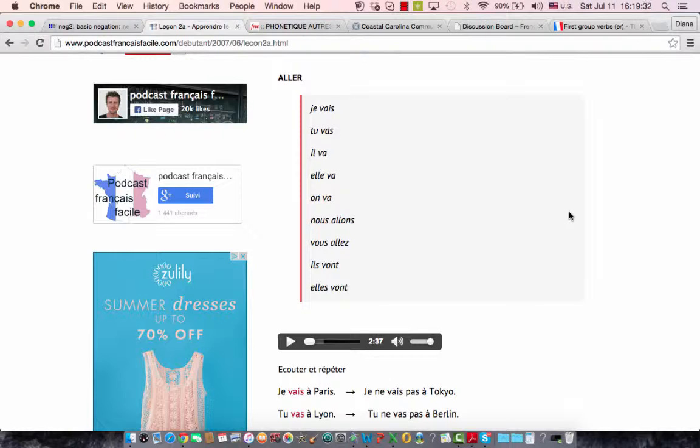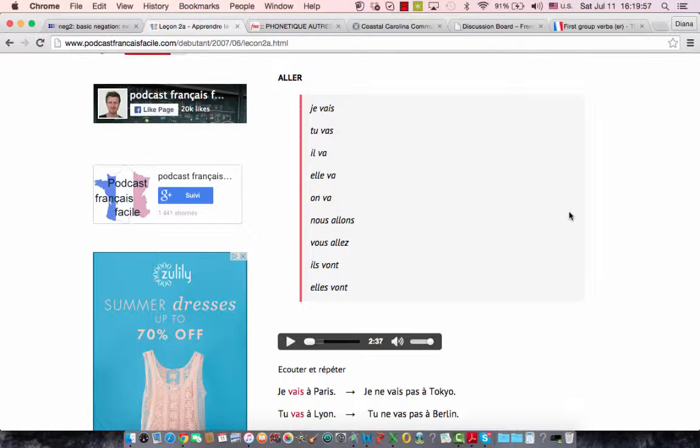Je vais, tu vas, il va, elle va, on va. Nous allons, vous allez, ils vont, elles vont. So as you notice, the nous allons, vous allez, double L, but it's pronounced L. It's not long E like in the case of famille and fille.